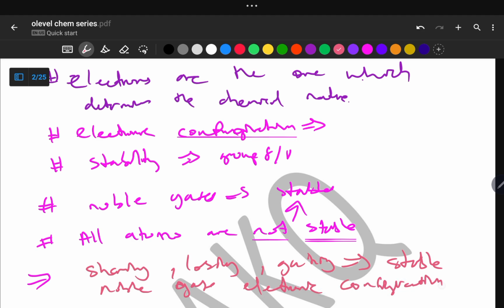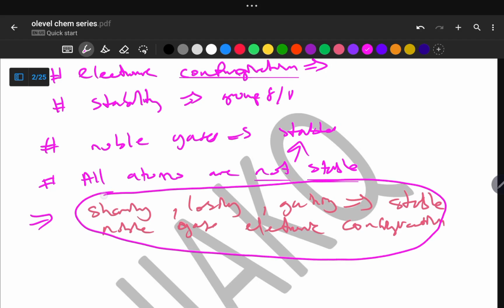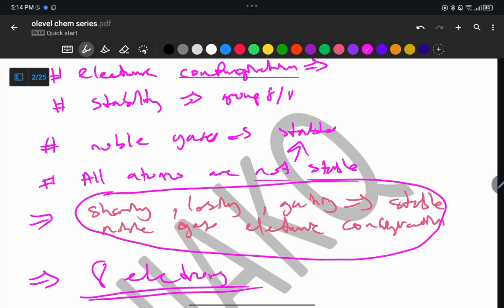The idea of chemical reaction or chemical bonding is to attain a stable noble gas electronic configuration, that is, to have 8 electrons in the outermost shell. In other words, according to electron bookkeeping, we want to have 8 electrons in the outermost shell. This is the main agenda behind all chemical reactions.